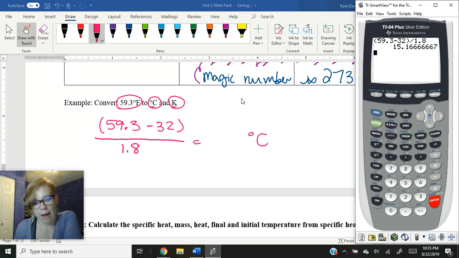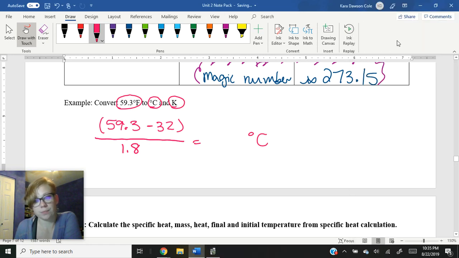So I'm going to look back at what I'm given, right? So I've got 3 sig figs there. So I'm going to put 3 sig figs in my answer. So 1, 2, 3. So I'm going to round to the 1. The 1's going to round to a 2. So 15.2 degrees Celsius. That is my degrees Celsius.